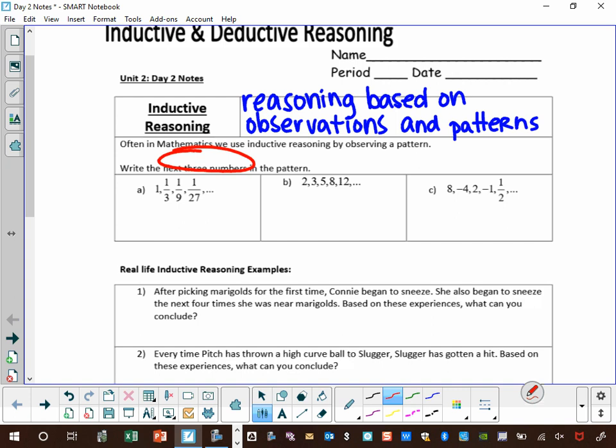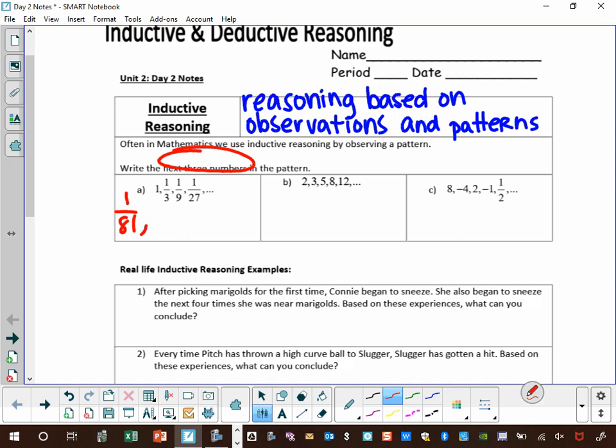Okay, so if they want the next three numbers, what's 27 times 3? 81. I'm not just going to write 81 though. What's my pattern? 1 over 81. Good.